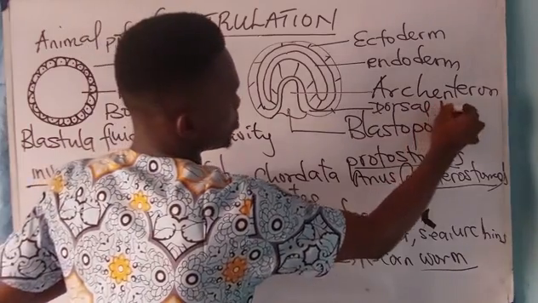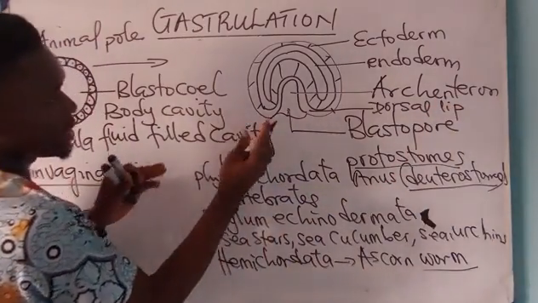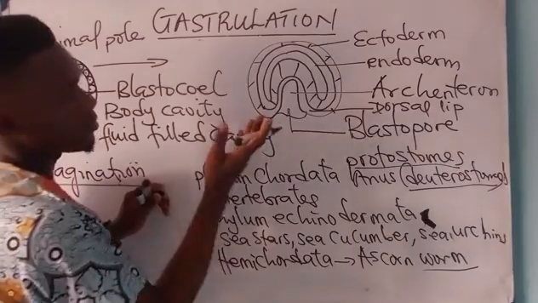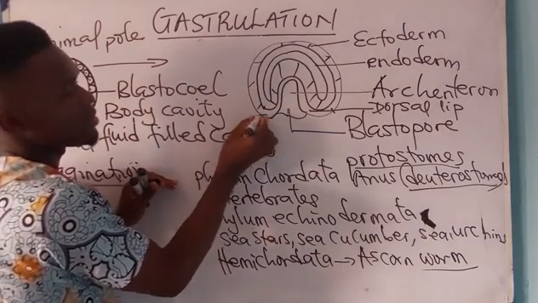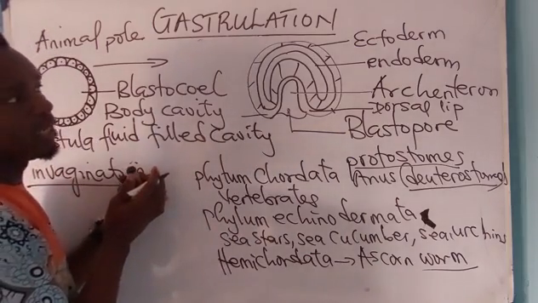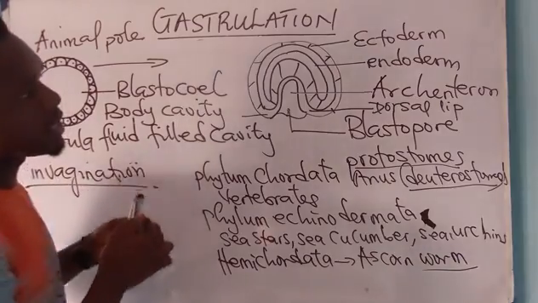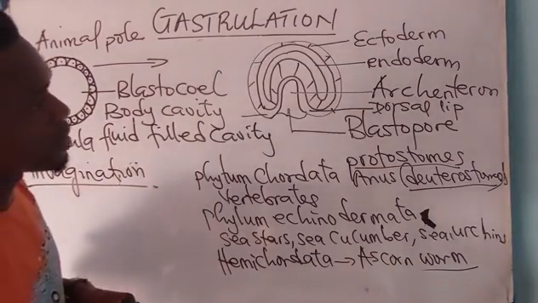I told you that the right hand side is the dorsal side, while the left hand side is called what? The ventral side. Now this other part is called what? The ventral lip. Take note of that. It is very, very important.